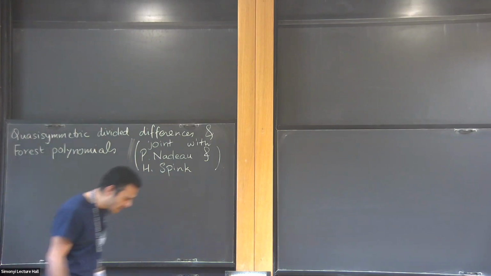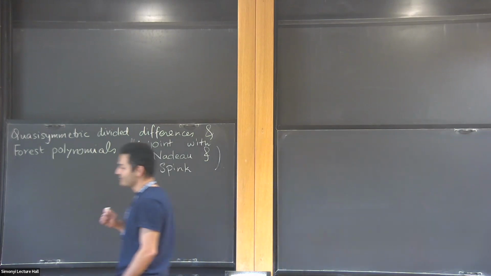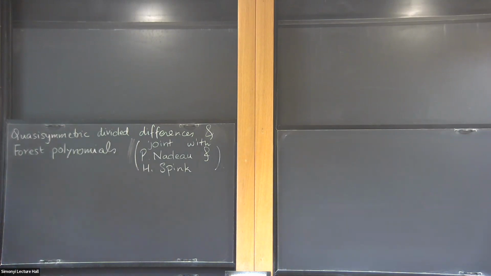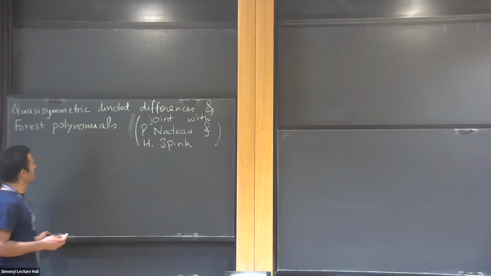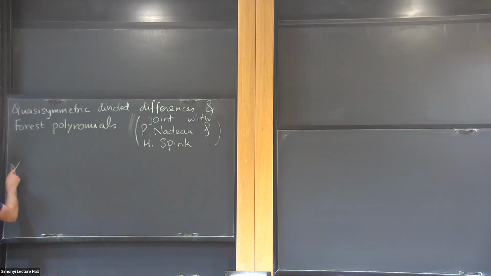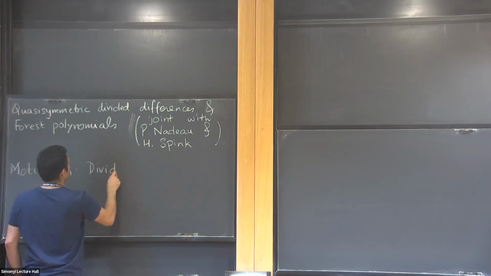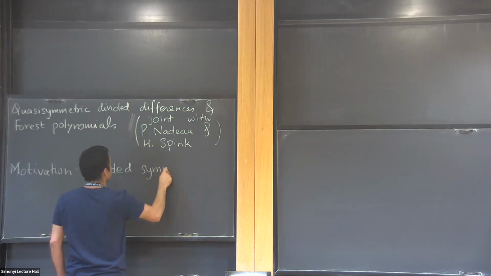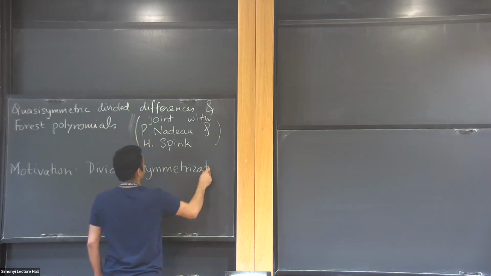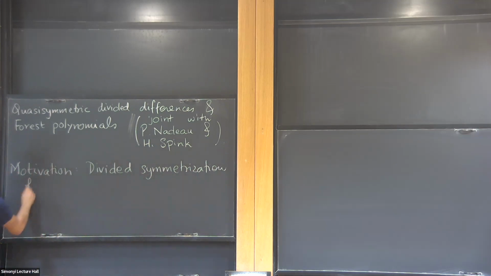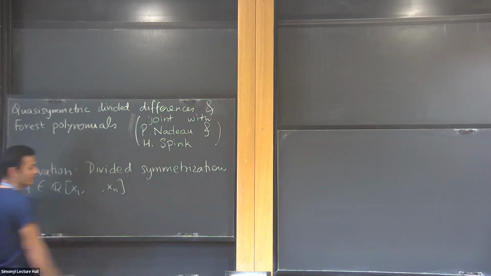Okay. So my main motivation, dating back to 2018, was understanding a symmetrization procedure which I came across in Postnikov's work. So let me put that procedure on the board and describe the various things it encodes. This is divided symmetrization, and what it does is it takes, let's say, a polynomial f with rational coefficients and produces a symmetric polynomial via the following procedure.